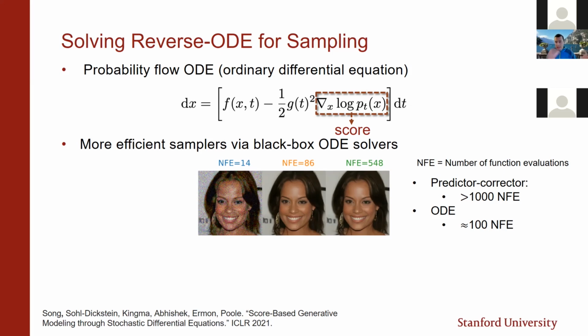You can even plug in different samplers, different ODE solvers, different SDE solvers, and they will all work. And you can even choose how much compute budget you want to allocate at test time. So I found it exciting that this works, because it enables all kinds of trade-offs in terms of how much compute you want to put in and the kind of accuracies that you want to get.